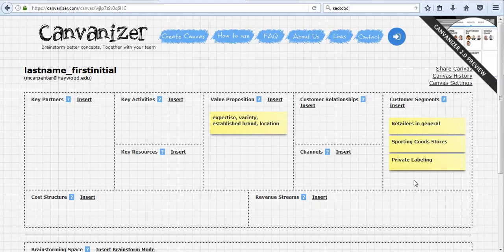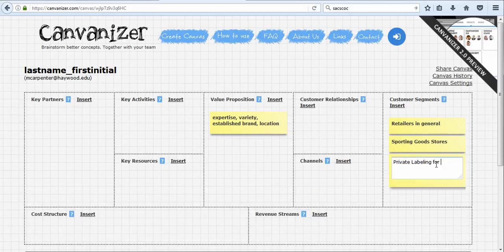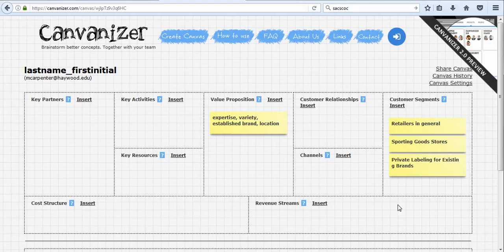That's referred to as private labeling. So we might do that for existing brands. And let's say those are our three types of customers. I don't want to get too overly complicated. Because I'm a manufacturer, I do not sell directly to the general public.